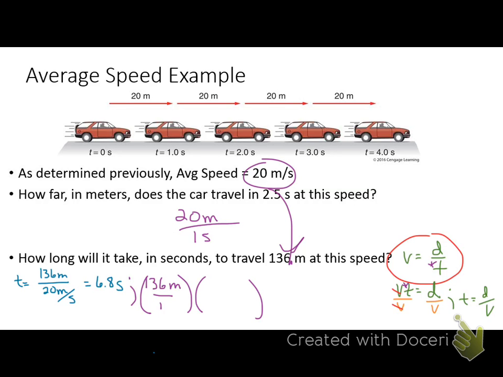When I say this, I mean the speed I'm going to have to flip. The reason is because I want 20 meters on the bottom, 1 second on the top. That's how I would do it factor label. And then meters cancel, and we're left with units of seconds, and it's the same problem.